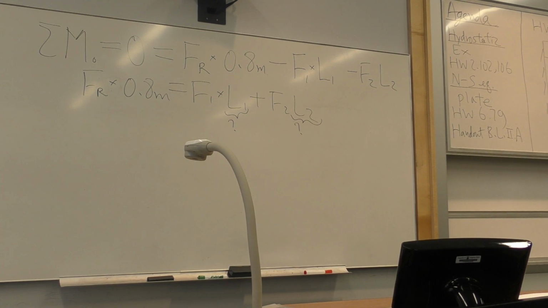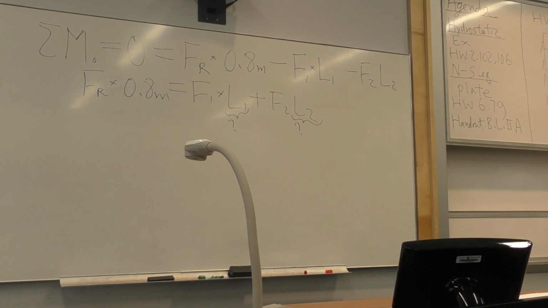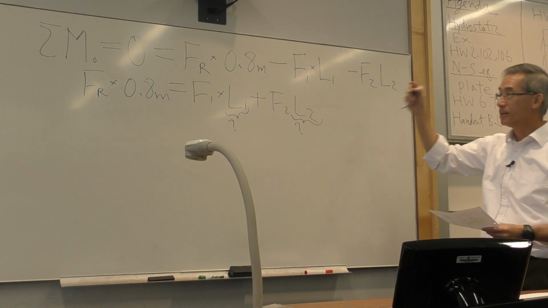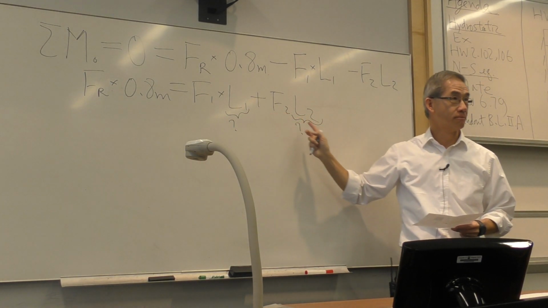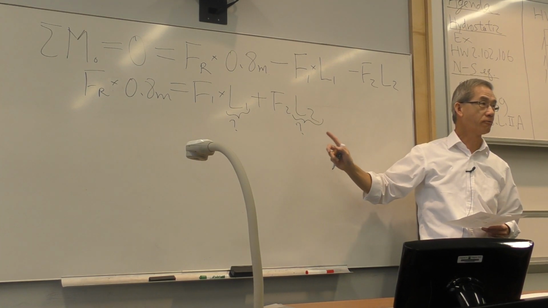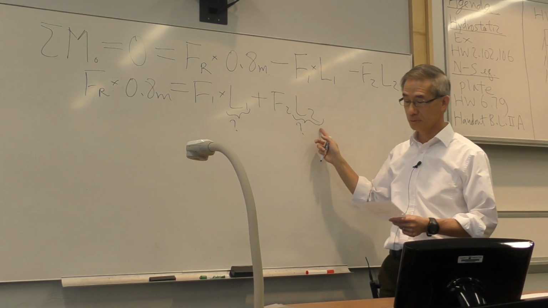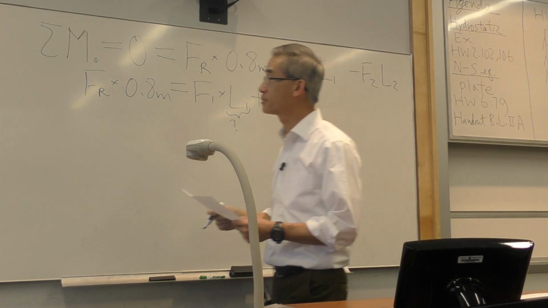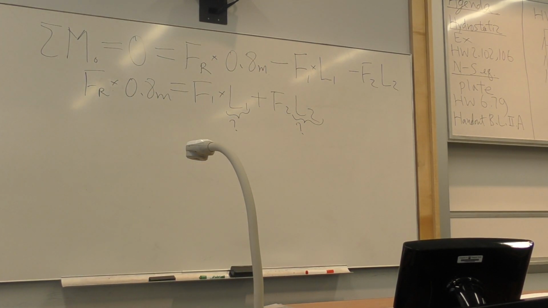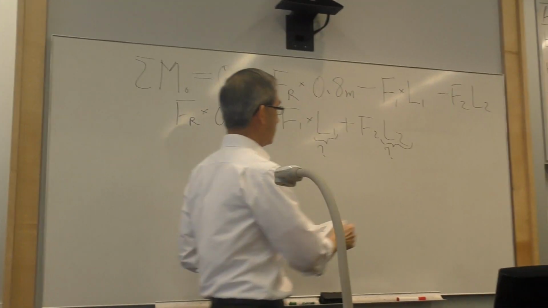Okay, where am I? So the challenge now, which is the finishing part, is to get the moment arm. Okay? For number 2, which is a triangle, which is a rectangle. Let me redraw a diagram to make it easier to follow.